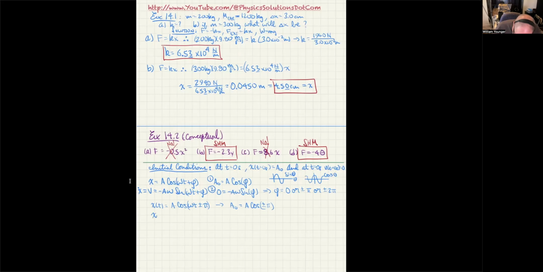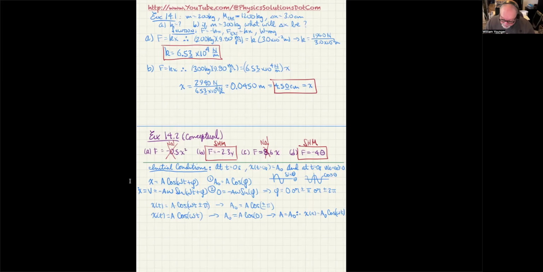So we'd say x of t is equal to a cosine just plain omega t like that, and then use equation 1, we'd say a0 is equal to a cosine of 0. And of course, the cosine of 0 is 1, so that tells us that a is equal to a0. So now we can say, therefore, x of t is equal to a0 cosine omega t.